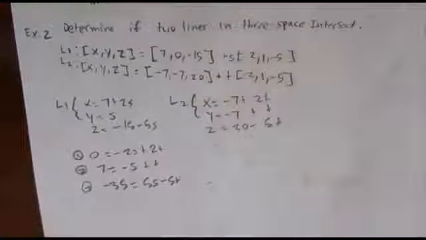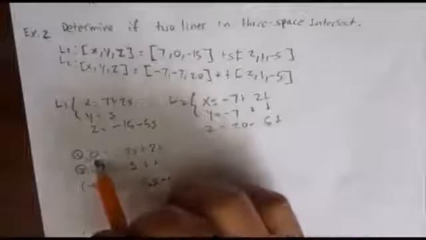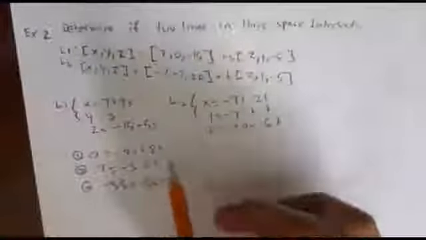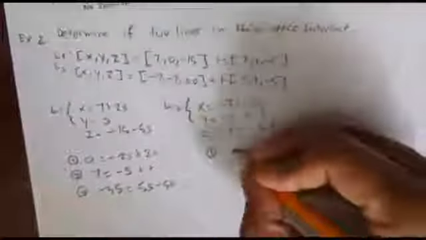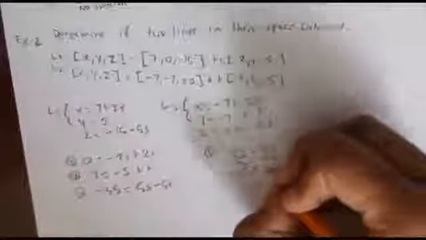Now, since we have three equations, we're going to isolate the first equation for s, and then we're going to sub that value into the other equations to find the values of t. So, if we isolate, we're going to get 2s is equal to 2t. We divide both sides by 2, s is going to be equal to t.